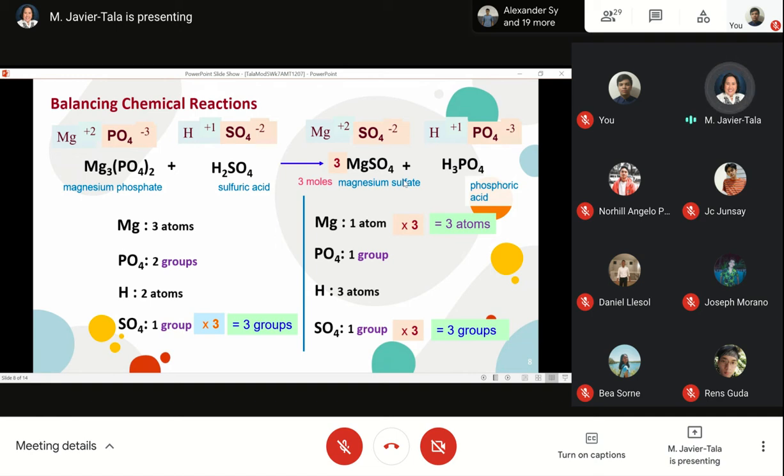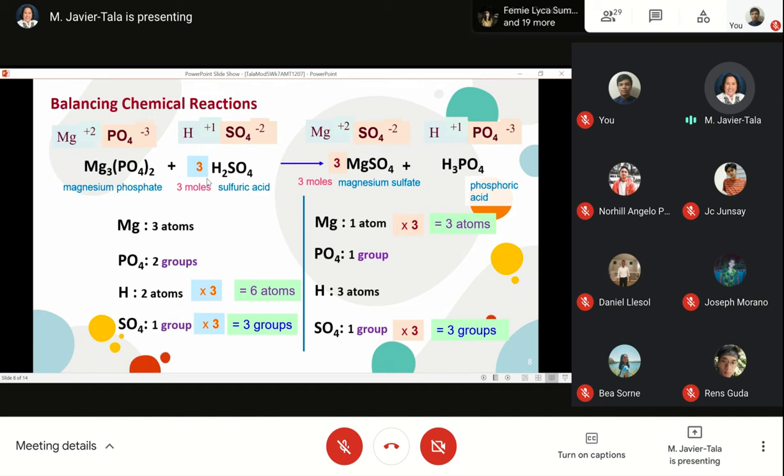We put that multiplier 3 in front of your sulfuric acid because that is where your sulfate group is. But if you put it in front of your sulfuric acid, it will also affect the number of atoms of hydrogen. So it will be 3 that you will be multiplying with your hydrogen, and there will be 6 atoms.